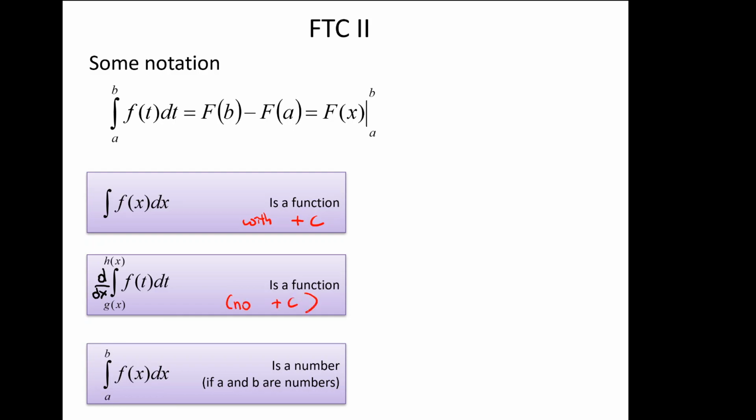And if you're integrating a function and the bounds are both constants, going from a to b, of f of x dx, then what will come out is not a function, but a number. Usually. Sometimes nothing comes out. Sometimes the expression doesn't have any meaning.